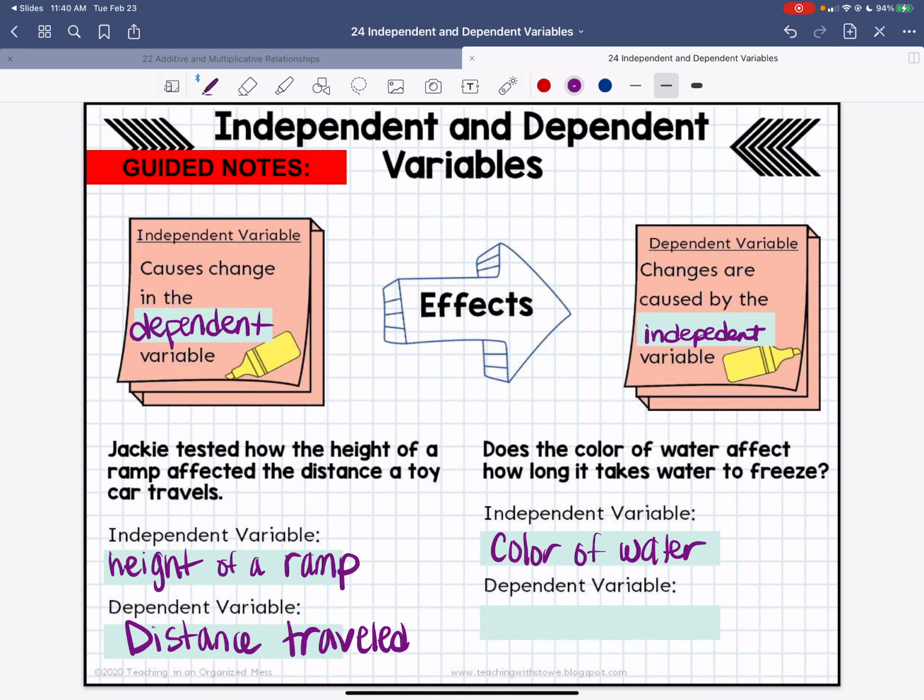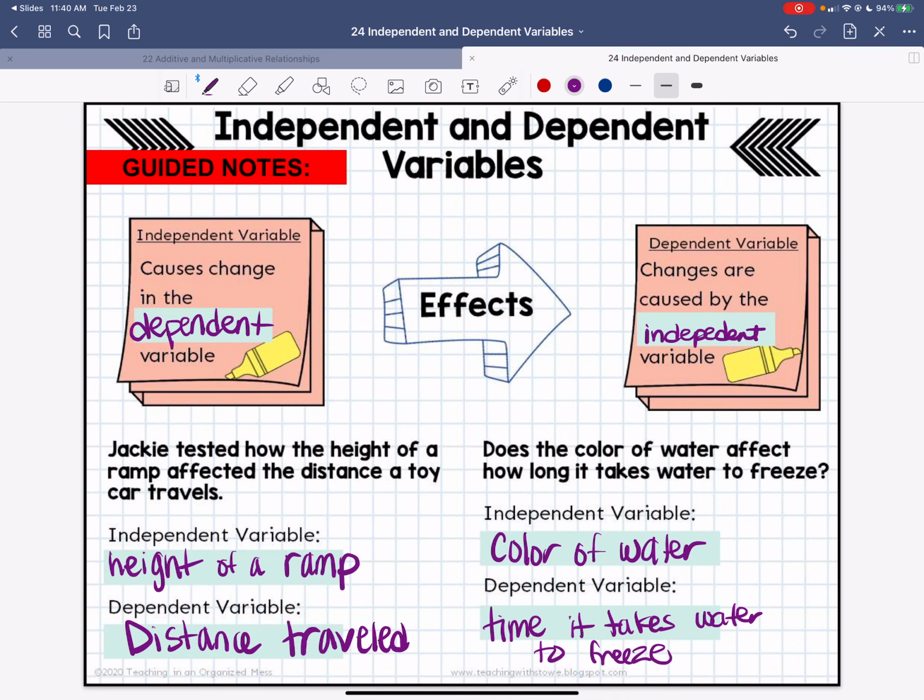And the dependent variable, since this question is asking this, the time it takes water to freeze. Okay.